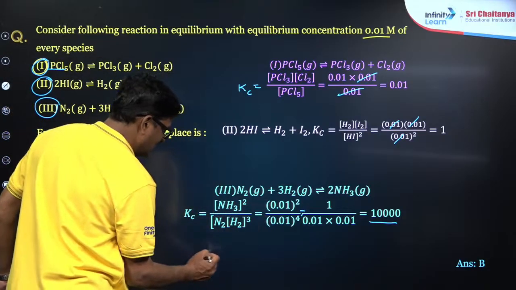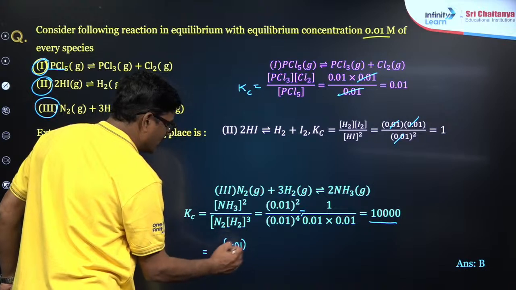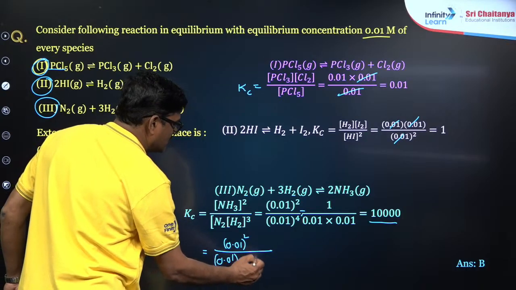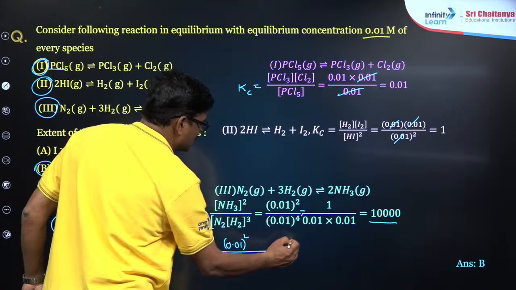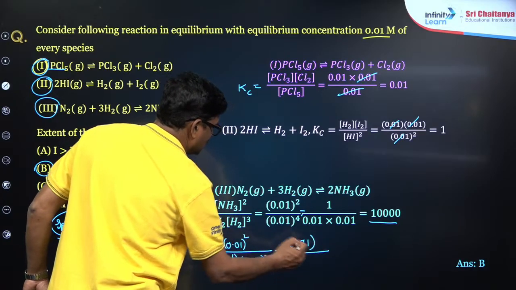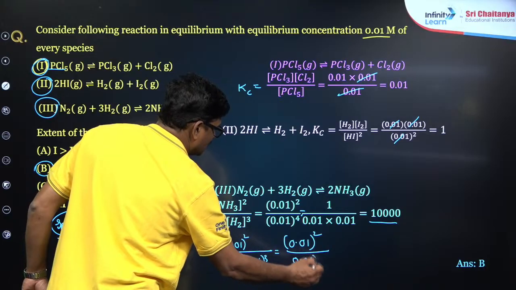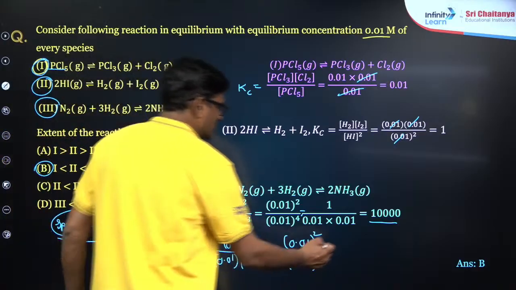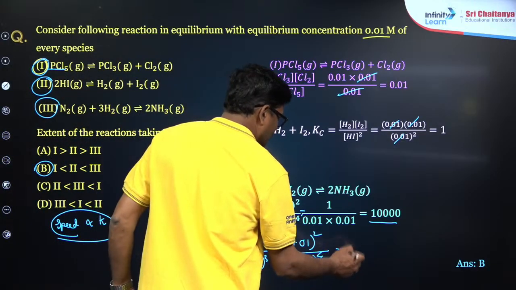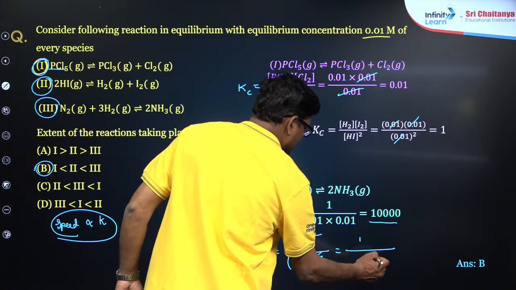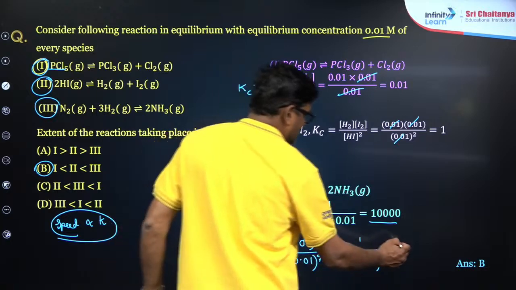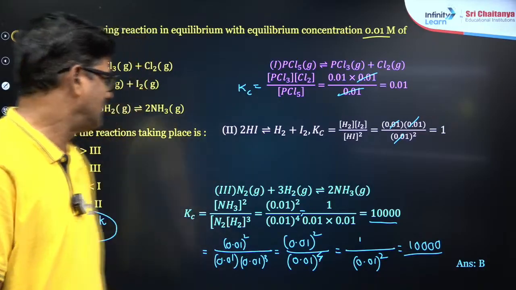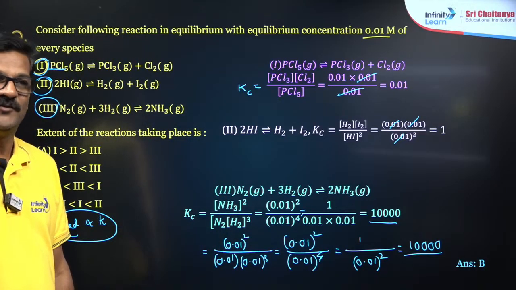Let me write this as 0.01 square, 0.01 cube, and 0.01 square over 0.01 to the power 4. It is going to be 0.1 by 0.01 square, which is 10,000. Now we understand? Clear? Fine.